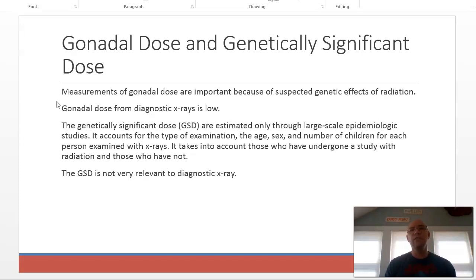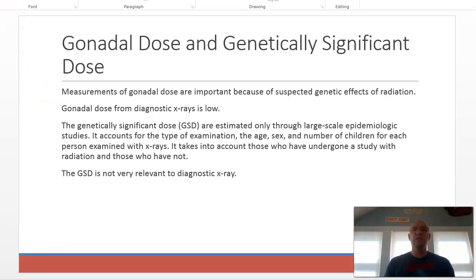And the other thing that we're concerned about is passing on mutated genetic information to future generations. So this dose just looks at the dose impacting the gonads, changing the genetic code being passed on to the next generation. Does this have anything to do with diagnostic X-ray? No. The amount of X-ray energy levels that we are dealing with are not going to affect gonadal dose whatsoever.